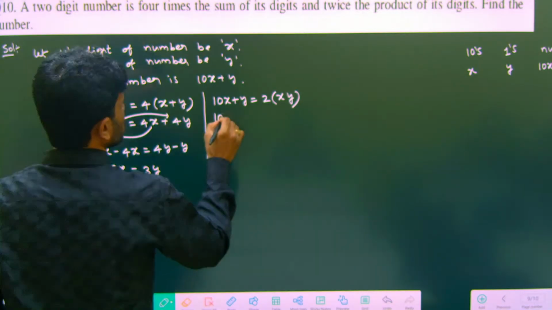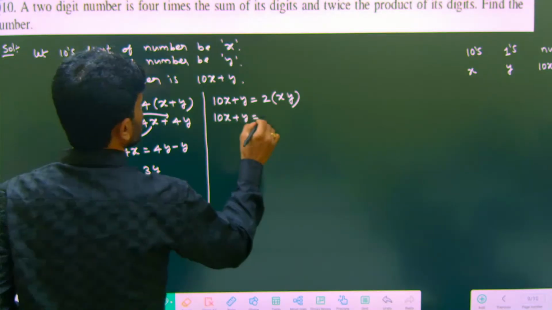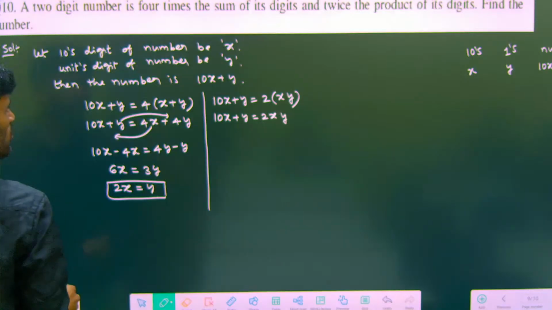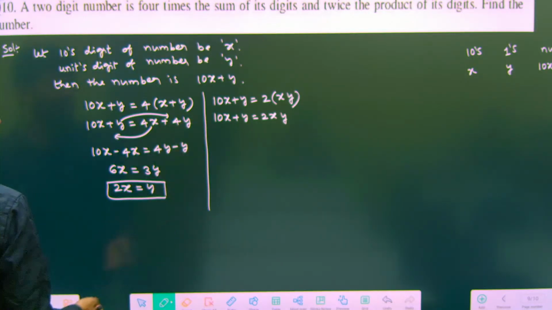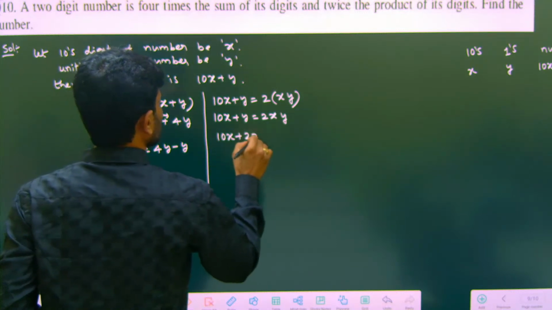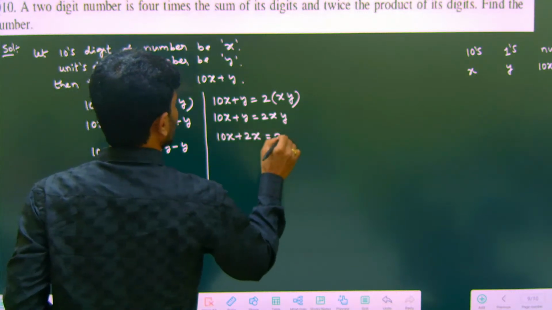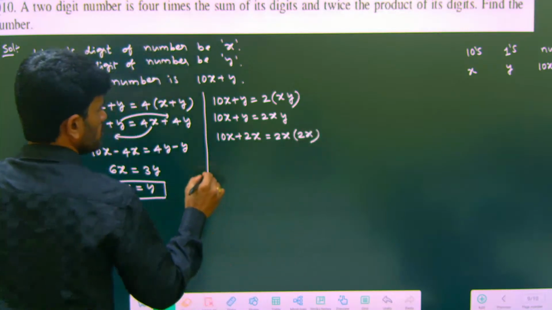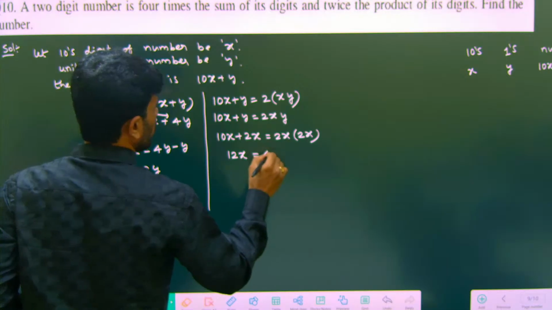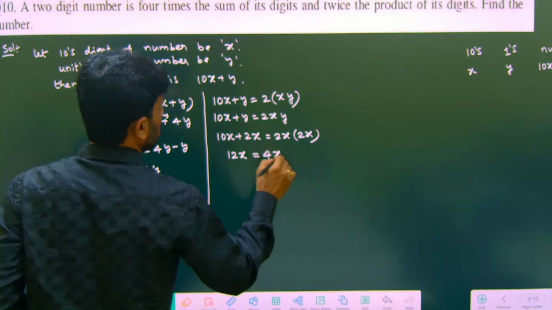So here 10x plus y will be equal to 2 times x into y. We got y is equal to 2x. Wherever y is there, we write 2x. And 10x plus 2x is equal to 2x into 2x.